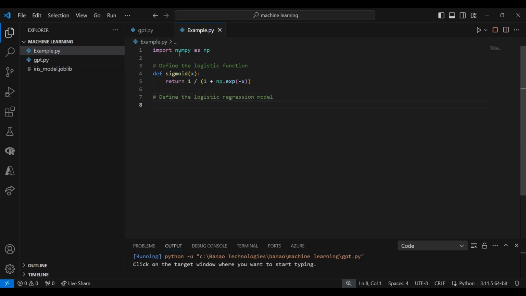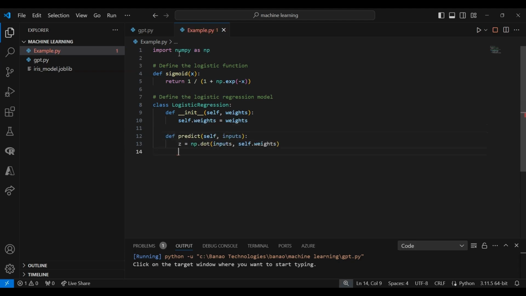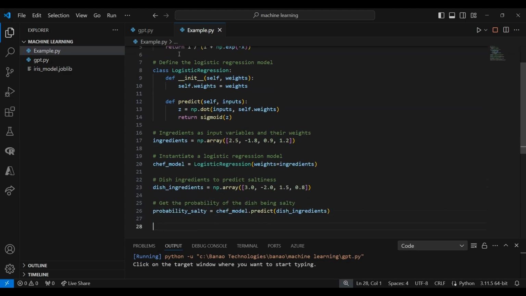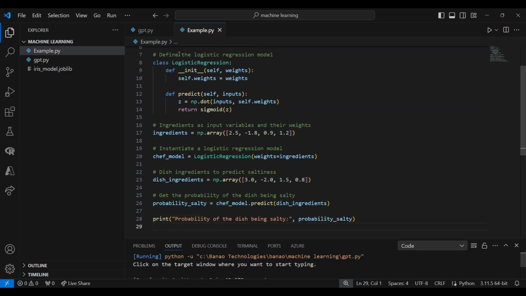The logistic regression class is established to handle the prediction task. It takes in the weights associated with the input features and uses them to calculate the dot product of inputs and weights. The obtained value is then passed through the sigmoid function to get the probability of the output being in a particular class, in this case, the probability of the dish being salty.